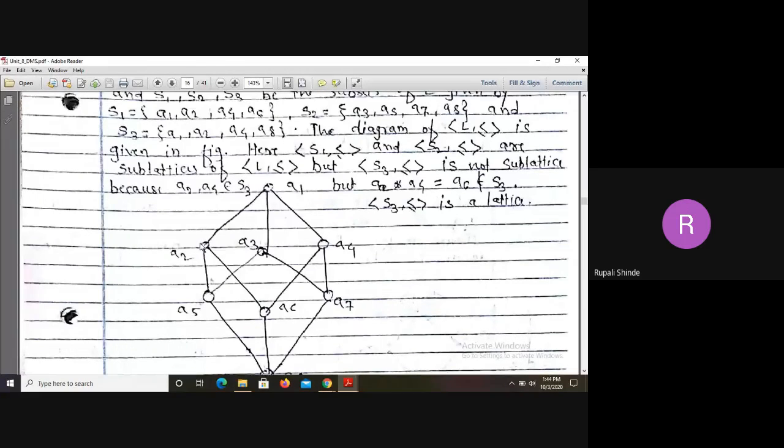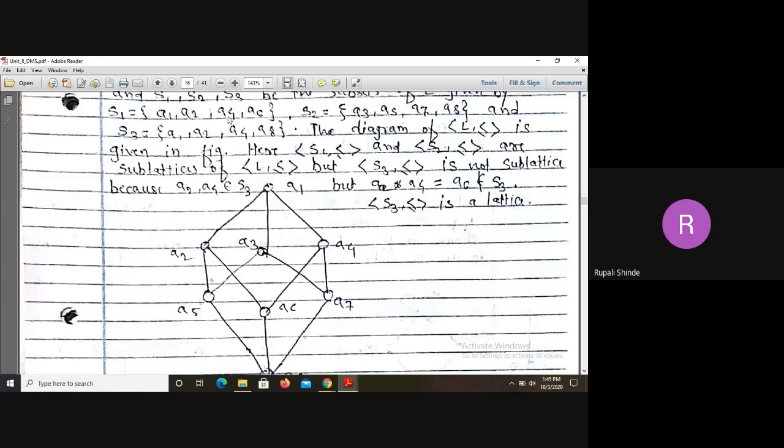For this pair, the greatest lower bound is A6 and the least upper bound is A1. This is the result we got after performing meet and join operations on these two elements, and that result, A1 and A6, is present in the given set S1.